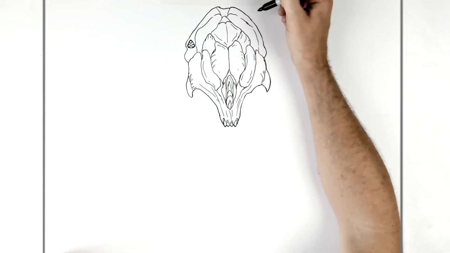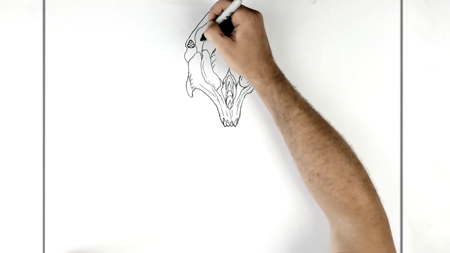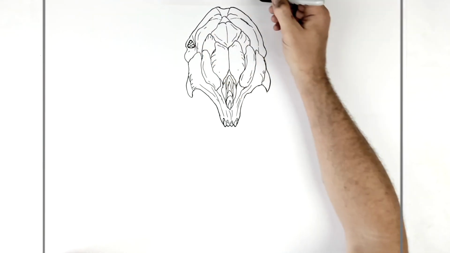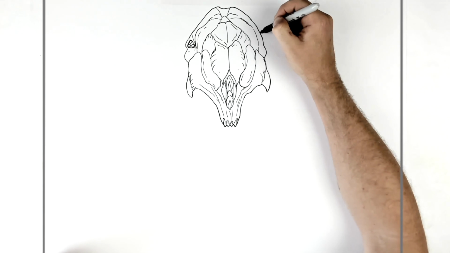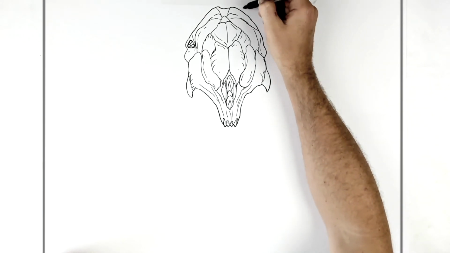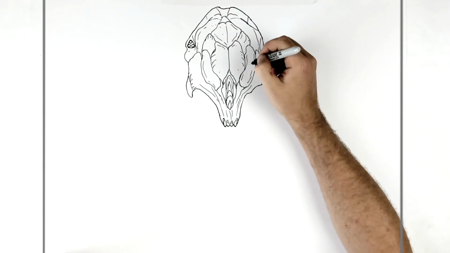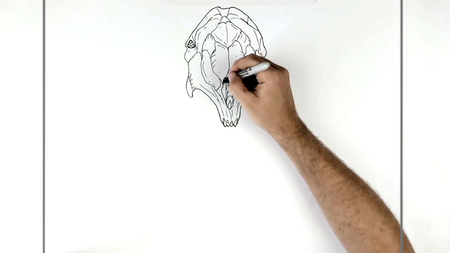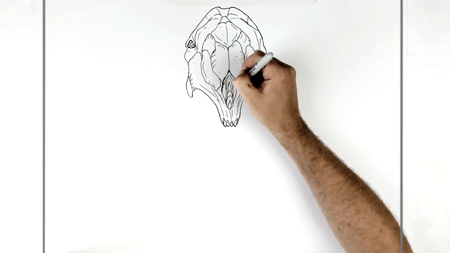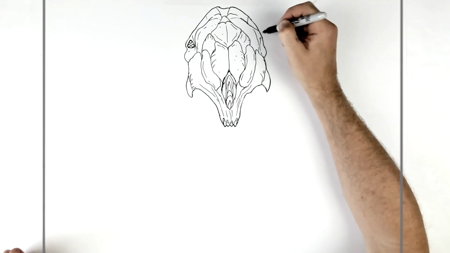So we're going back here. You can add as much of this texture stuff as you want, really. Right, so that's basically the helmet.